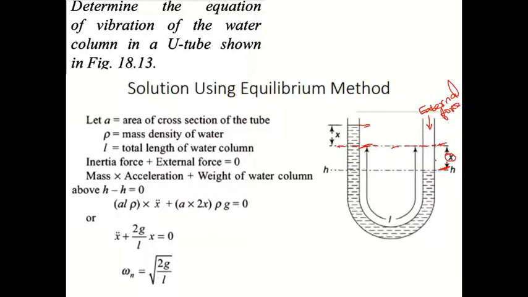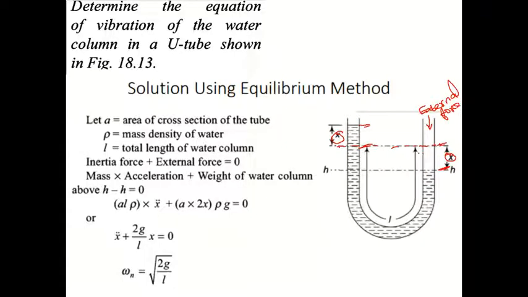For the same distance, the water level has been raised on the other side of the tube. This is the data they have given, and using this data we have to find the vibration.